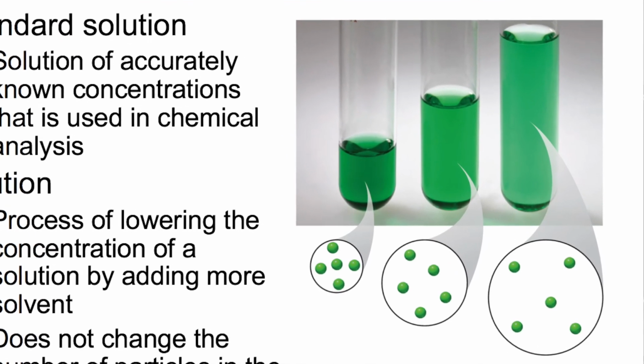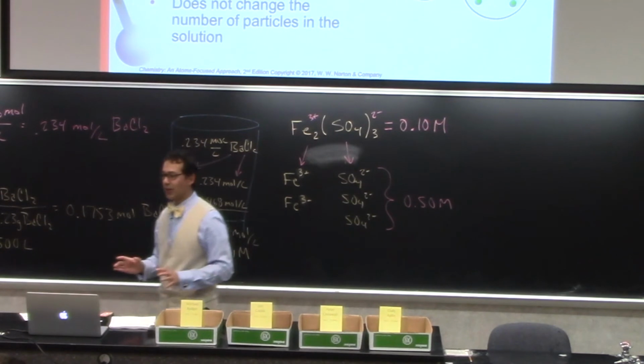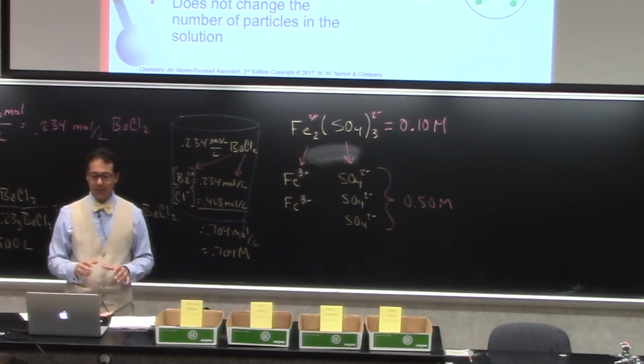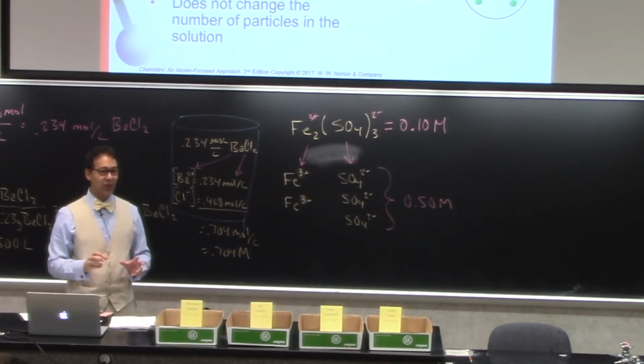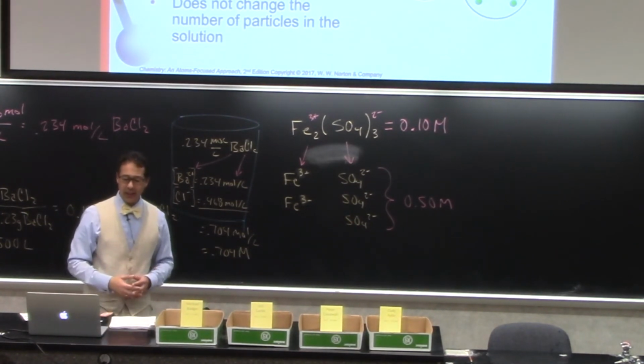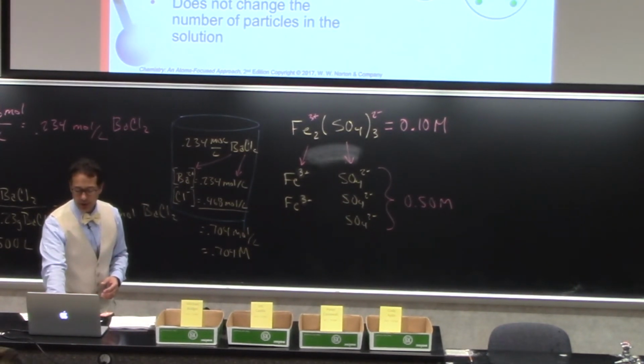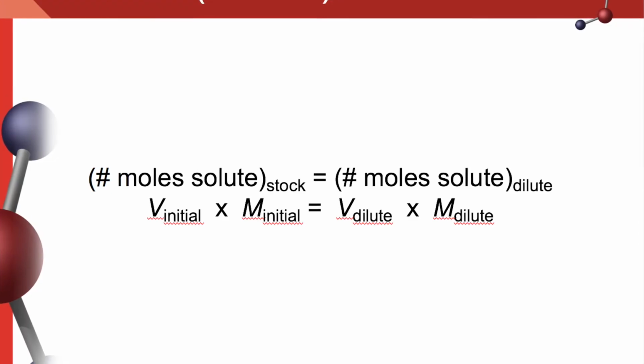It doesn't matter if we add more water, it doesn't change the number of particles. And this is important because this allows us to do some fancy math with dilutions. We're just adding more solvent, making it less concentrated, and we don't change the number of particles that are there. Because of that, we get this formula here.